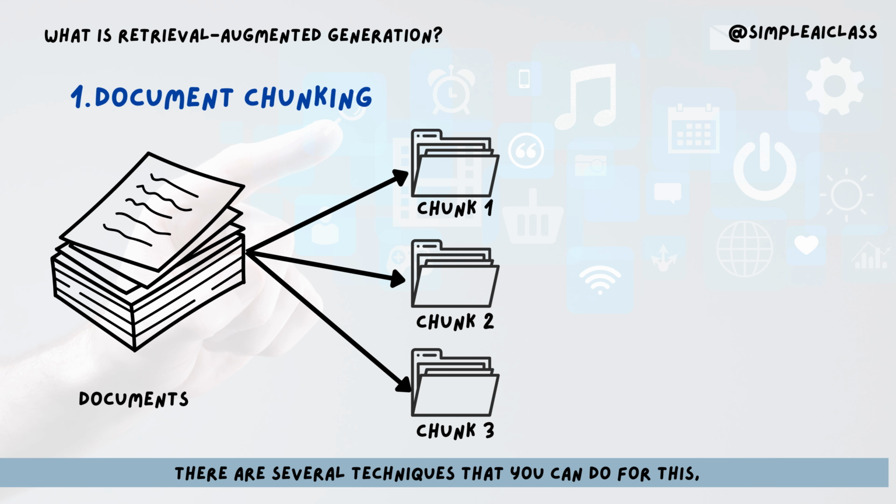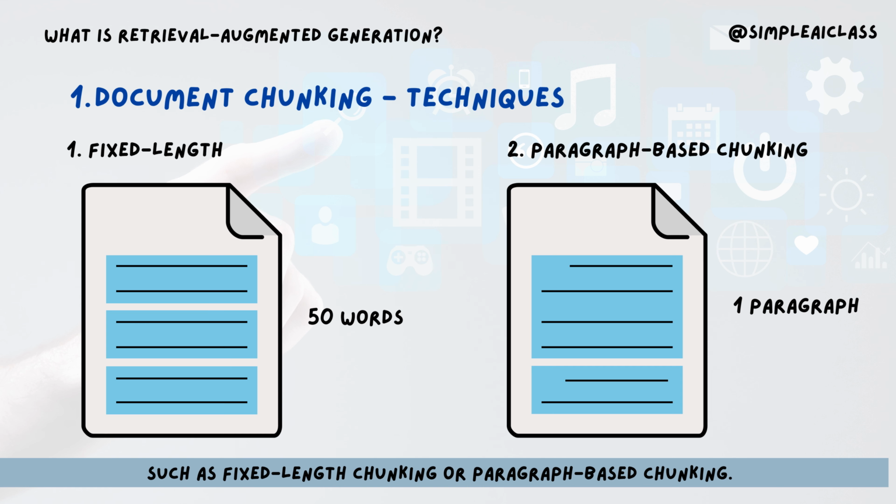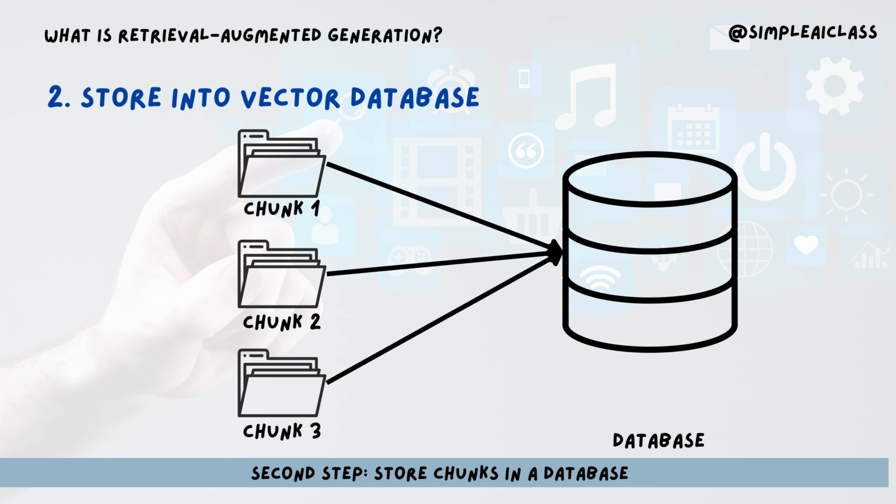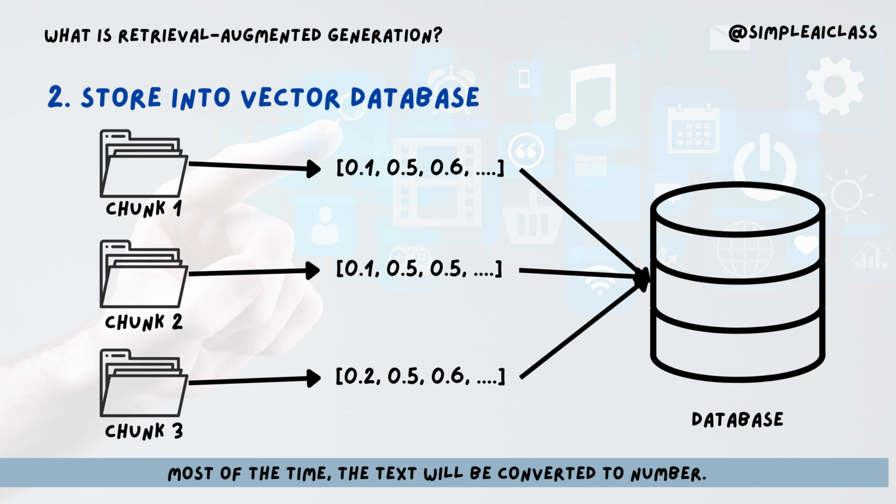There are several techniques that you can use for this, such as fixed-length chunking or paragraph-based chunking. Second step, store chunks in a database. It's basically putting all the pieces into a searchable database. Most of the time, the text will be converted to numbers.